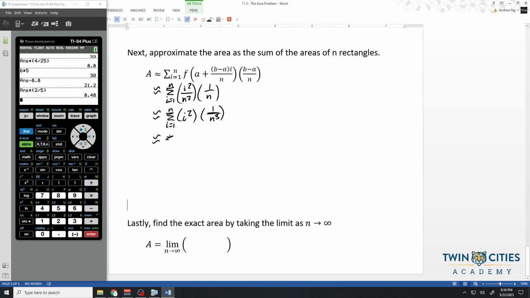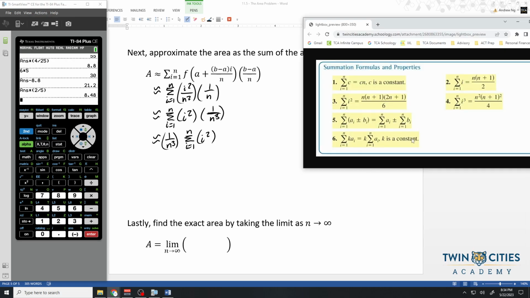Let's bring it to the front first. This will be 1 over n to the third times the summation of i equals 1 to n of i squared. Which means we need the summation formula for i squared. That's n times n plus 1 times 2n plus 1 all over 6.